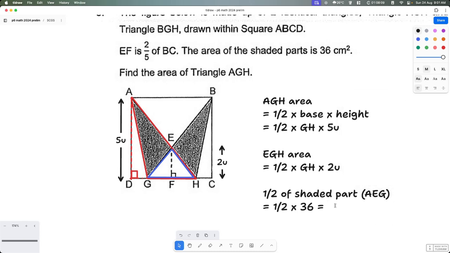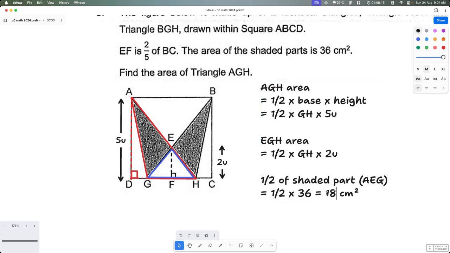So this is 18 centimeters square. I'm going to put it here like this, and make it yellow, easier to see.